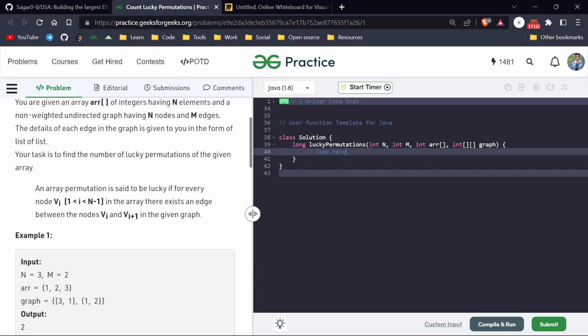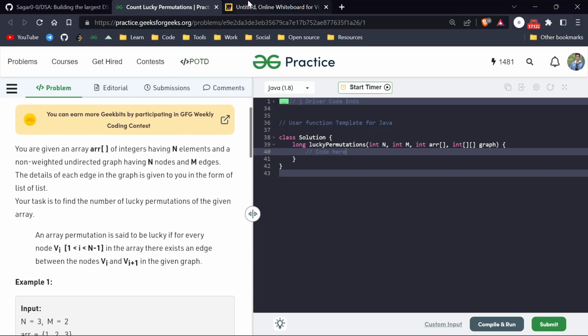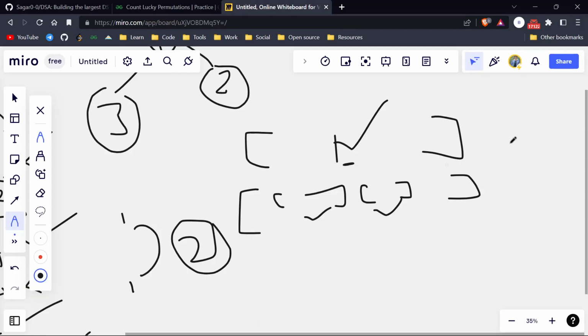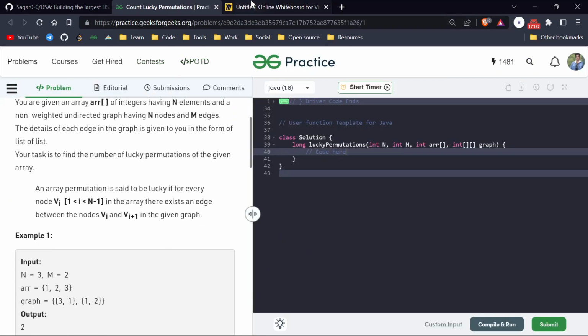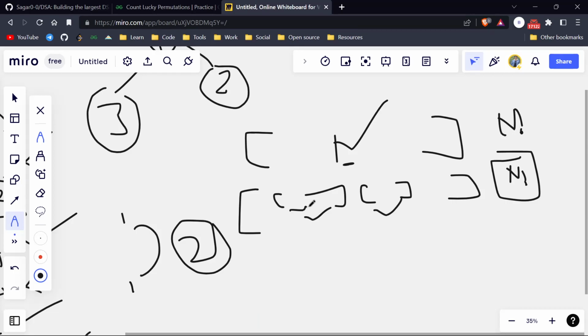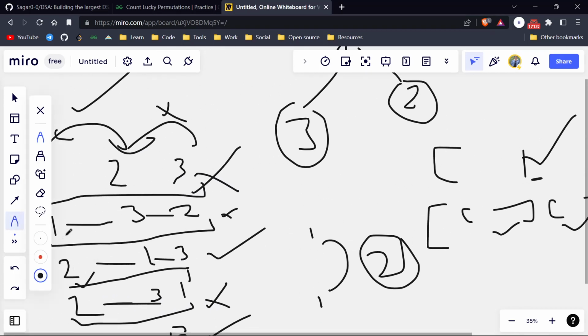You will just store all the permutations, but that is not a good approach, because the total number of permutations for length n is equal to n factorial, and you will take n factorial time to generate all this, and also space to store all the permutations. And after that, you also have to check for every single permutation whether it is a valid permutation or not.